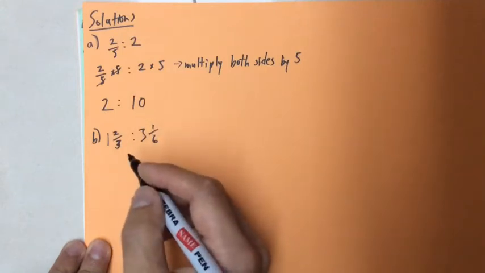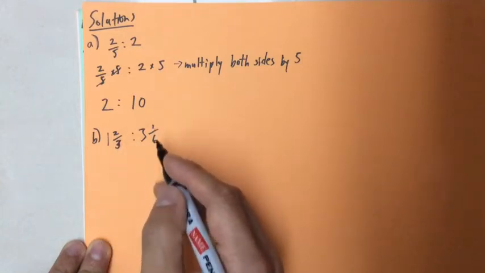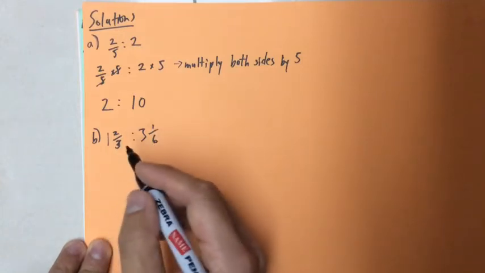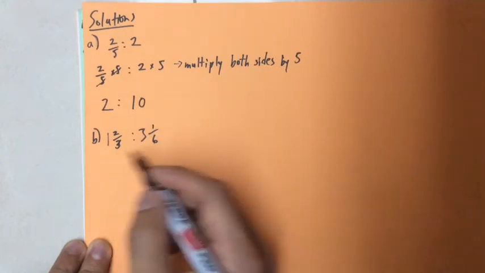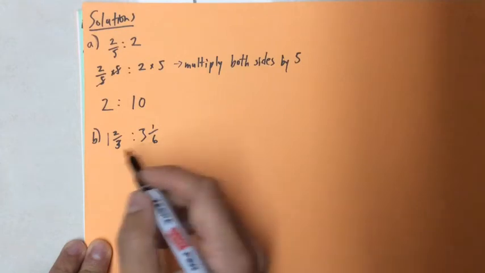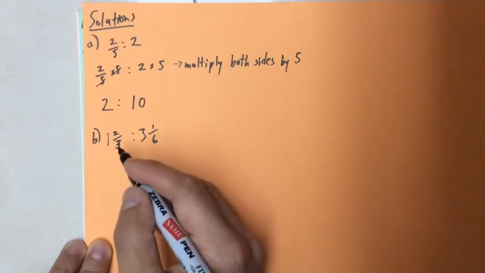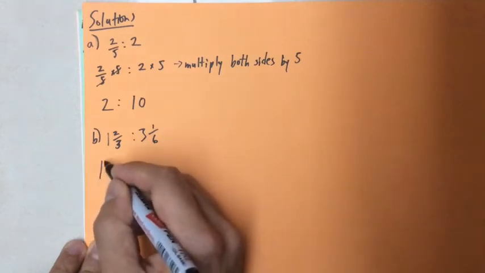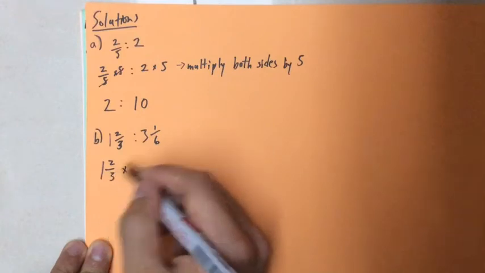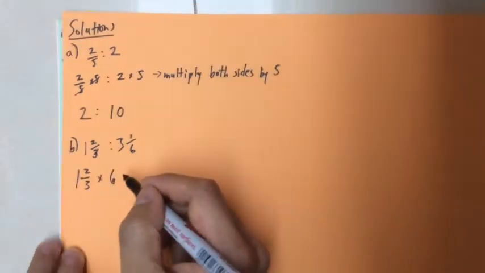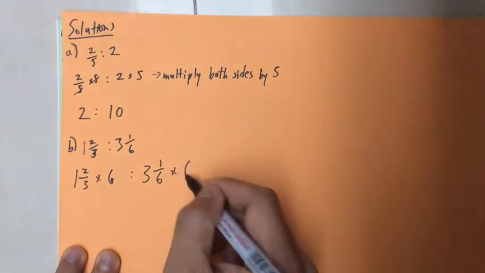Now, what if we have 1 and 2 over 3 to 3 and 1 over 6? Okay. Now, we need to multiply both sides by the lowest common multiple for the denominator. Okay, that, of course, would be 6. So we multiply 1 and 2 over 3 times 6, and 3 and 1 over 6 times 6.